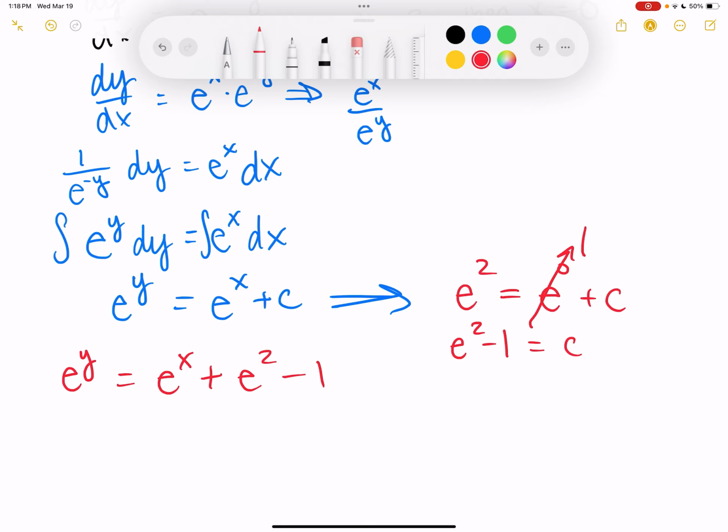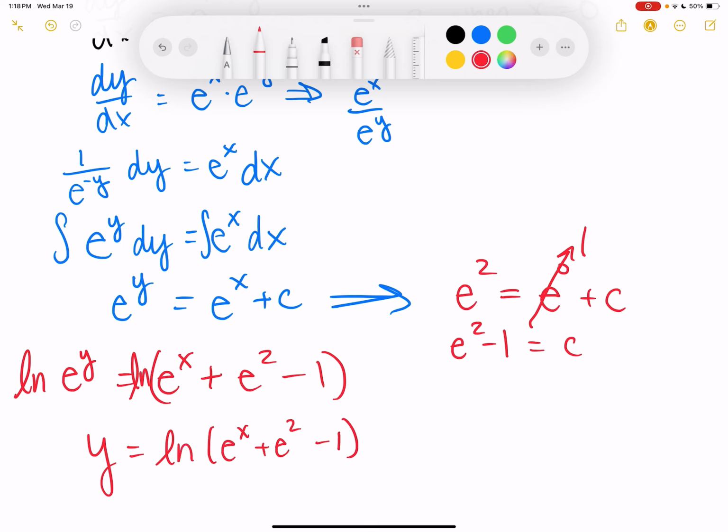No, that's undoing a log. Oh, do ln of everything. ln of both sides, so the ln of e to the y equals the ln of all of this. So that would give me y equals ln of e to the x plus e squared minus 1. And where would that exist?